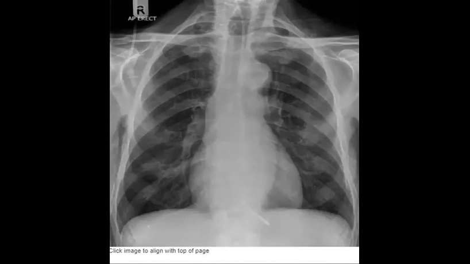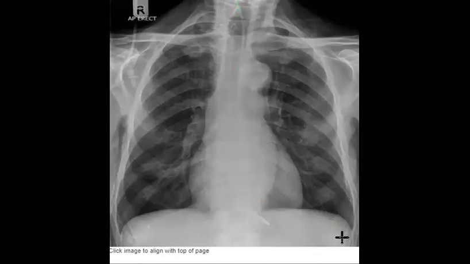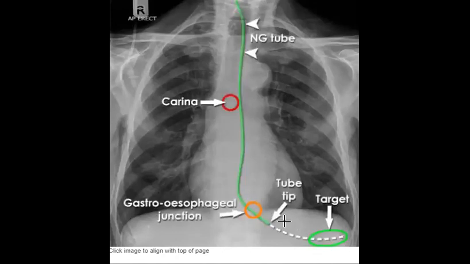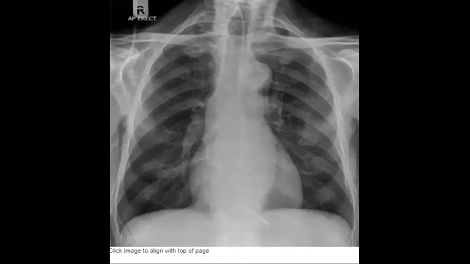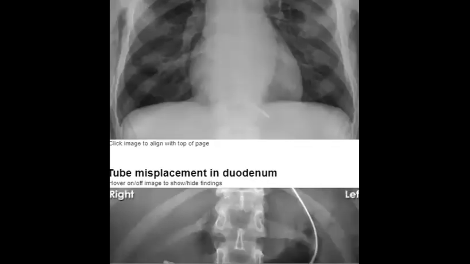If this is the gastroesophageal junction here, then you should introduce it more to the target. The target will be around 10 centimeters distal to the gastroesophageal junction. So he should introduce it more. I agree with you. It should be here. Okay.